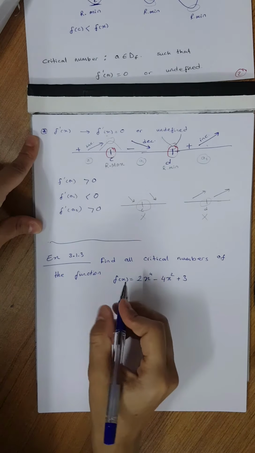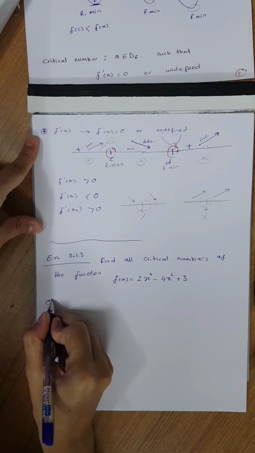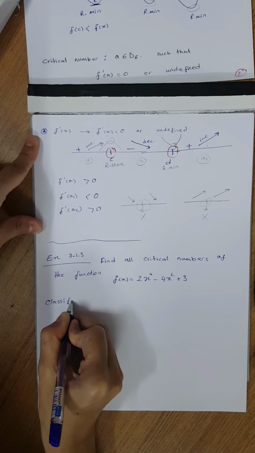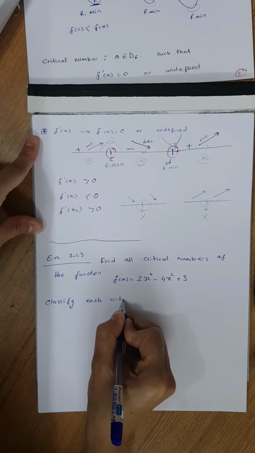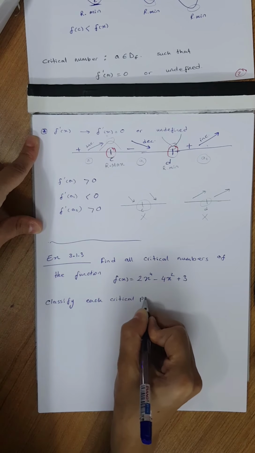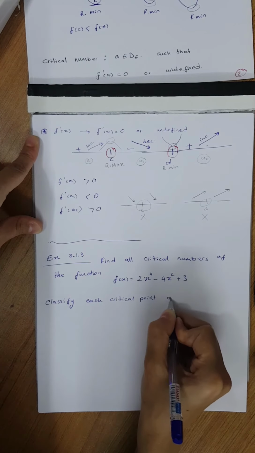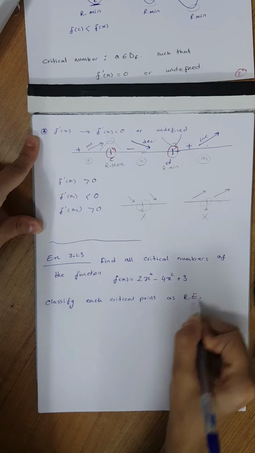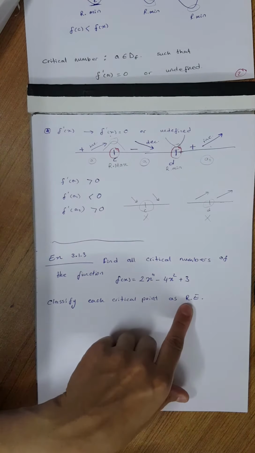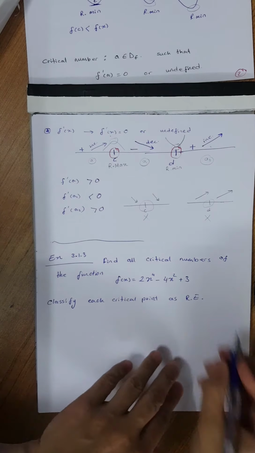Okay, and then it says what? Classify each critical point as relative maximum or relative minimum, in general relative extrema, or neither.